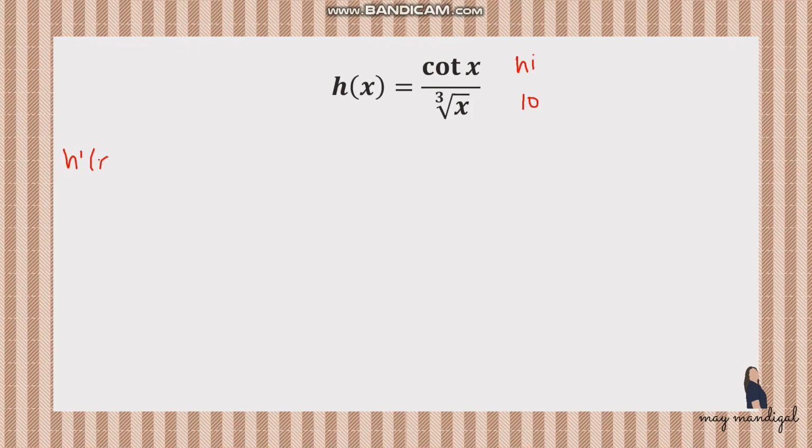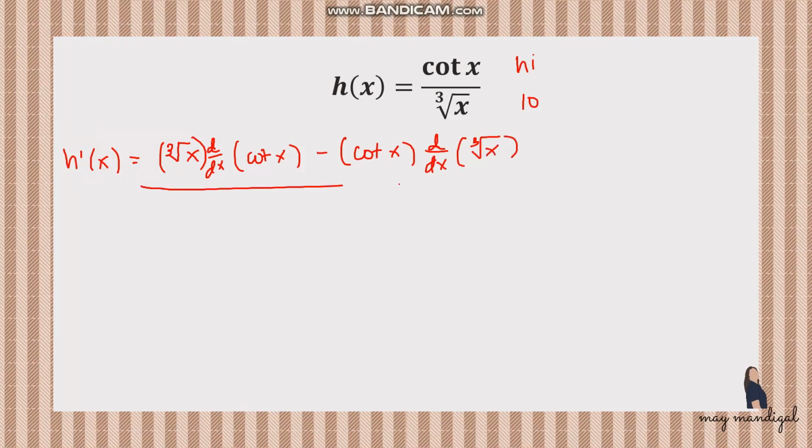So h prime of x is equal to low, cube root of x, low d high, minus high d low, all over low squared. Okay. So let's solve for the derivative.